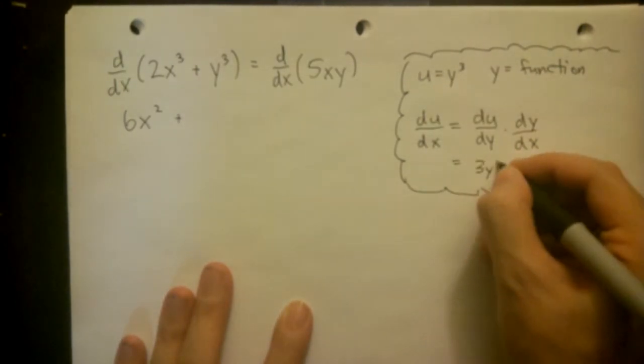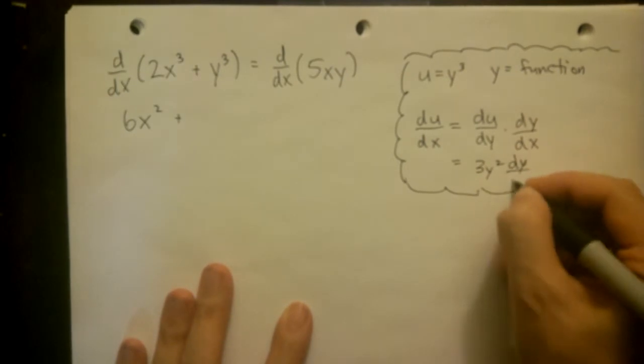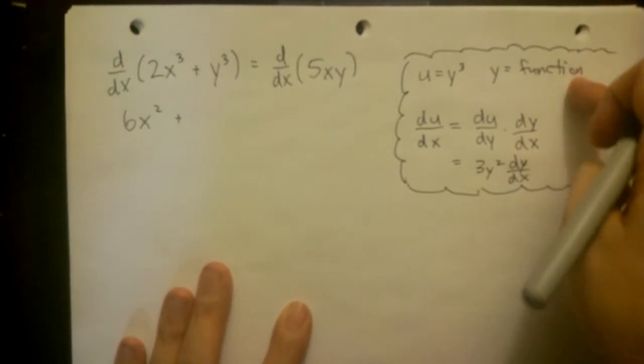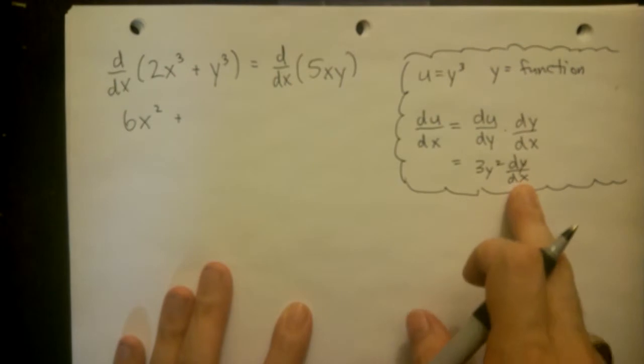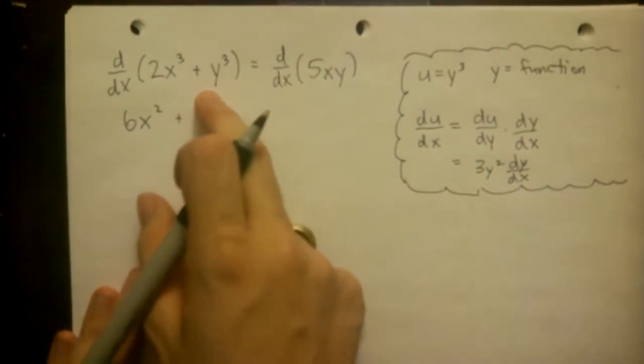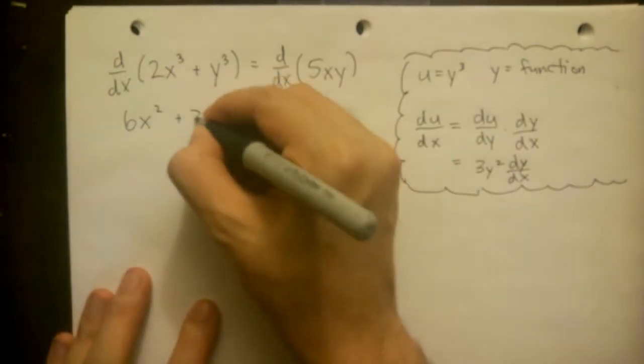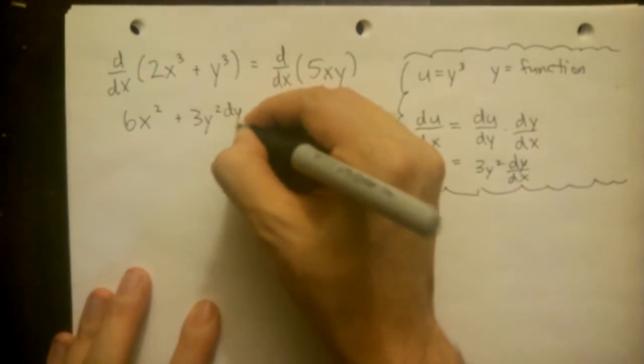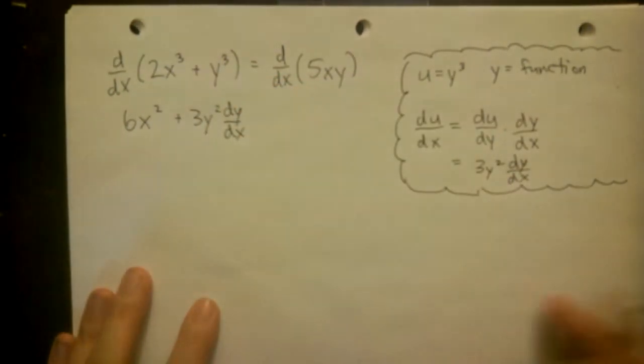It's just 3y squared. And dy/dx, we don't know. We don't know what this function is, so we just leave it as dy/dx. And so the derivative of y cubed with respect to x is 3y squared dy/dx.